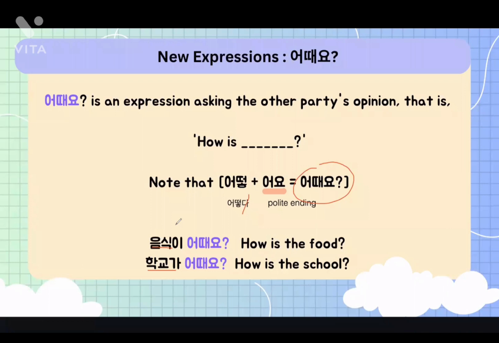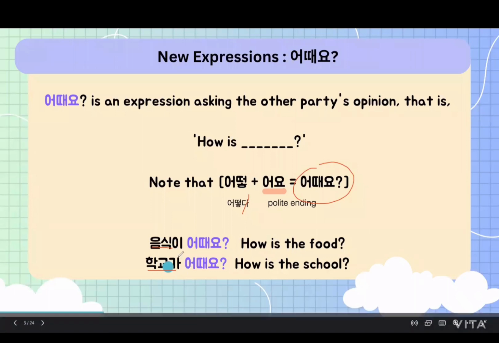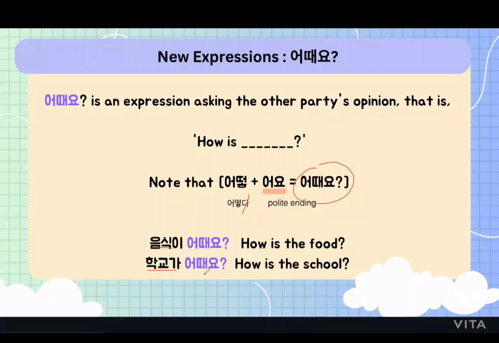How can you ask about the taste of the coffee? Then you can just say 커피가 어때요? 그렇죠? 커피가 어때요? 자, 여러분 remember well. Here is 음식이 어때요? 학교가 어때요? So 어때요 is asking someone's opinion.